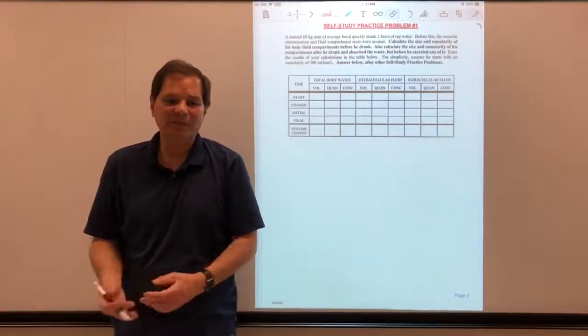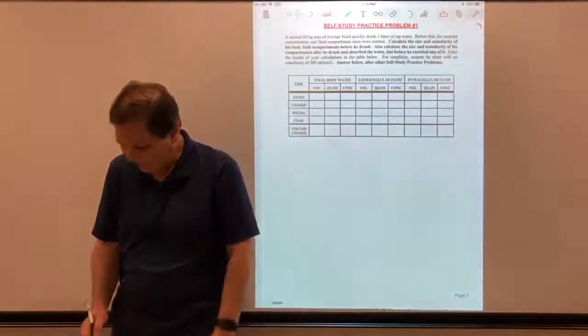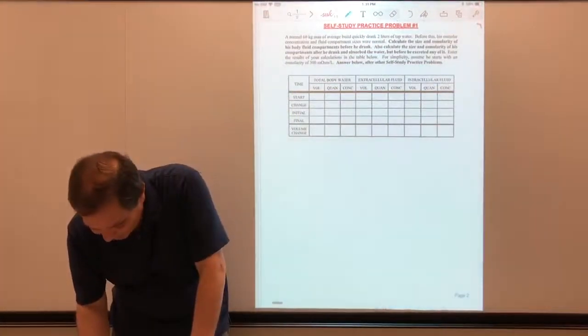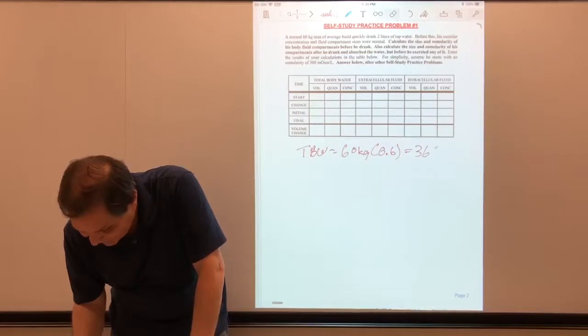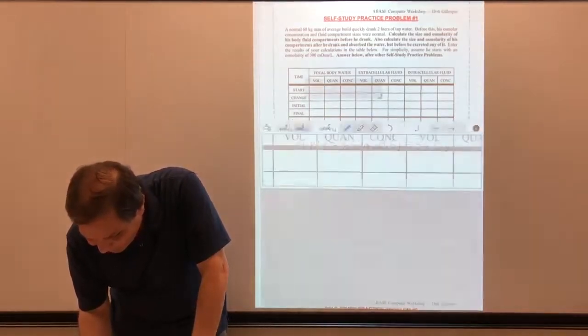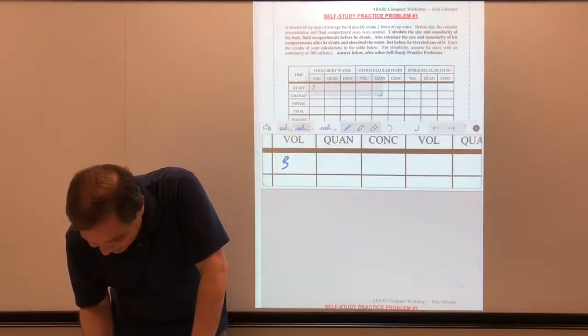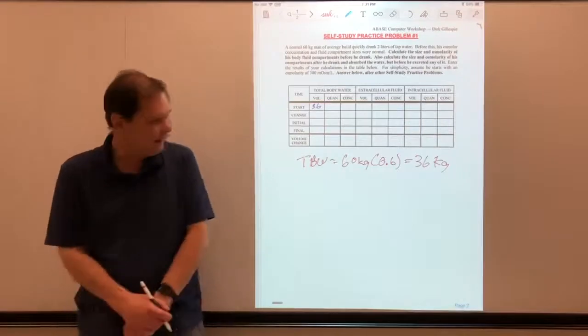Now remember, we use 50% for ladies, 60% for men. This is a man. So total body water is equal to 60 kilograms, which is his weight, times 0.6, and that equals 36 kilograms of water, which is 36 liters. So we start with 36 liters of total body water, okay?